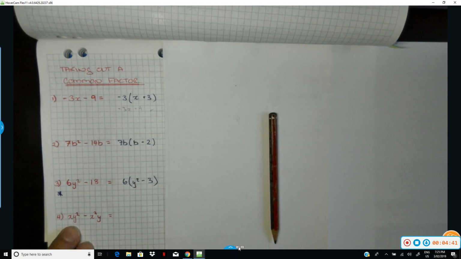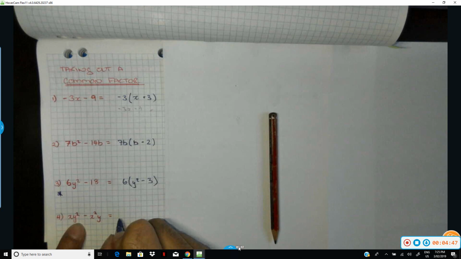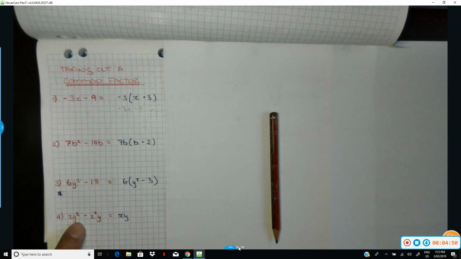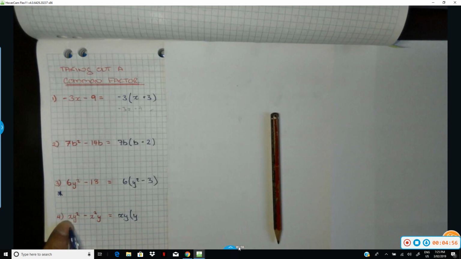Example 4, we've got xy squared minus x squared y. So the common factor is both x and y. So put that on the outside. I times xy by y to get xy squared, and I times xy by -x to get negative x squared y.